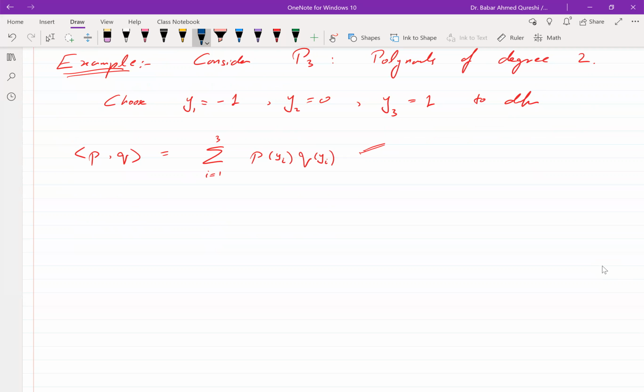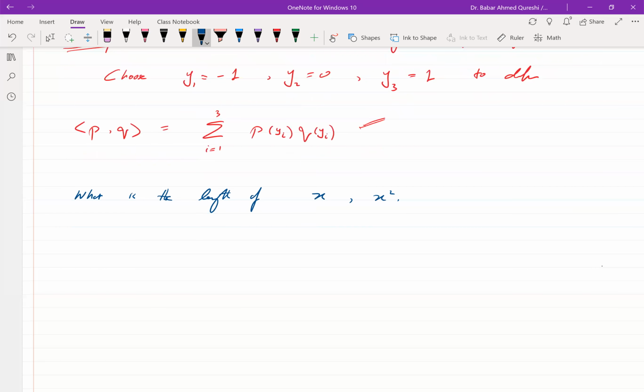Now, if I compute the norm, I want to check what is the length of this very simple polynomial, x and x square, two from the basis.